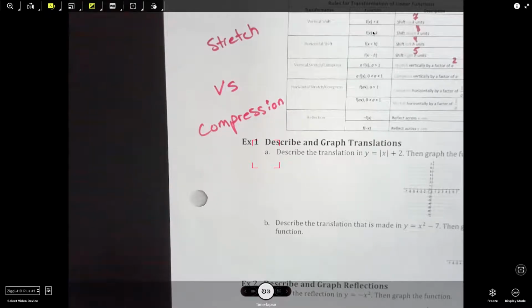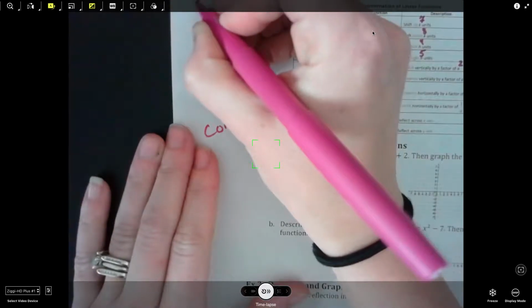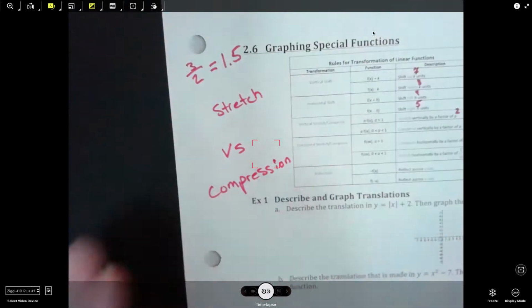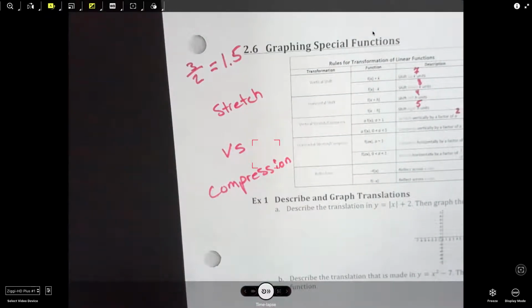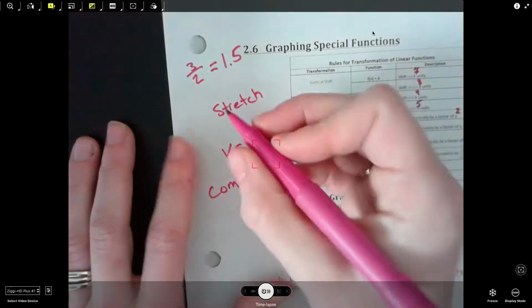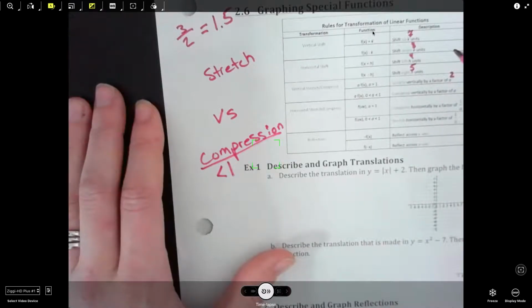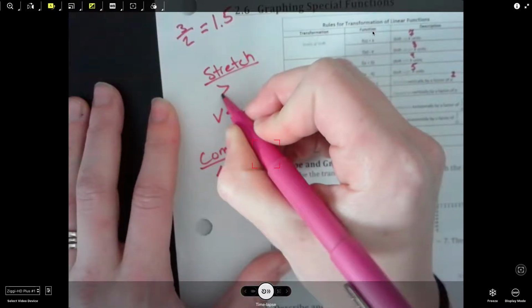Everybody says fractions, but 3 over 2 is a fraction, and 3 over 2 is actually 1.5. That's making it bigger. How about a number less than 1? That's the rule. If your number is less than 1, it's going to be a compression. Numbers that are bigger than 1 are stretches.